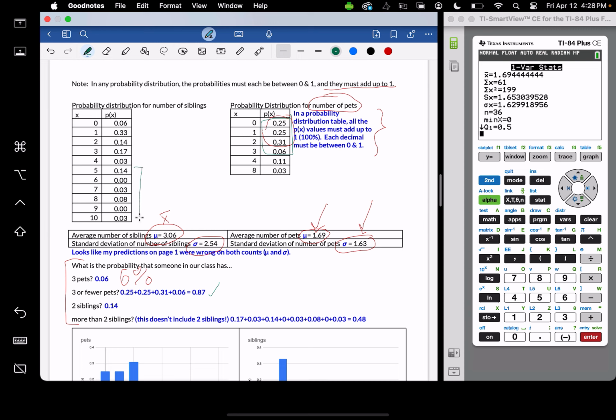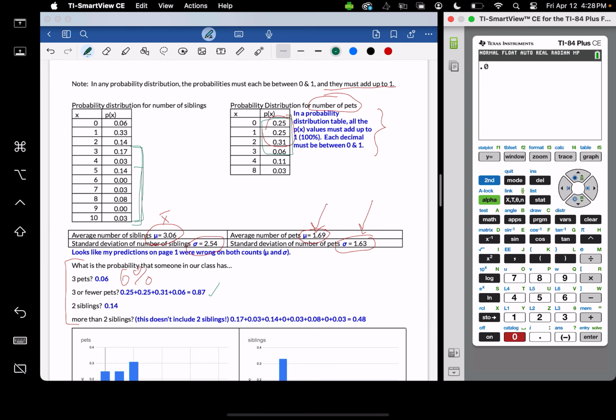What is the probability of more than 4 siblings? So more than 4 does not include 4. Whoops, I meant more than 2 siblings. So more than 2 siblings does not include 2. So I would add up all of those numbers. That's a lot of numbers to add up. So you can add them up and get 0.48, or you could be clever.